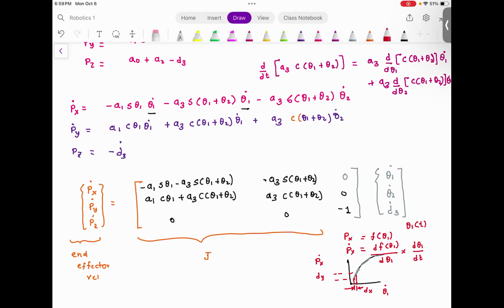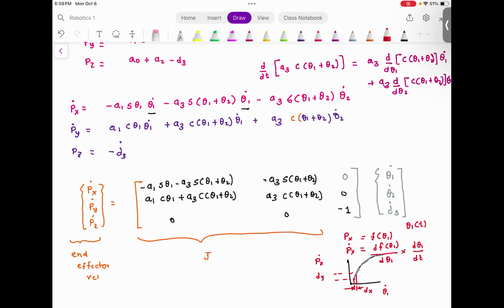Theta 2 dot is influencing this much quantity in py dot. Theta 1 dot does not influence pz dot. Theta 2 dot does not influence pz dot. The only quantity that influences pz dot is minus d3 dot. Everyone understood this?